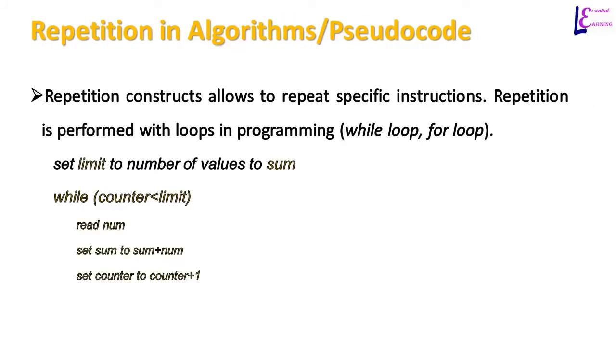In real life, we find repetition everywhere. The number of days repeat in a week, weeks in a month, and months in a year. We regularly do some action repeatedly. In algorithms, repetition constructs allow us to repeat a specific instruction. In programming terms, repetition structures are called loops, that is, for loop and while loop.